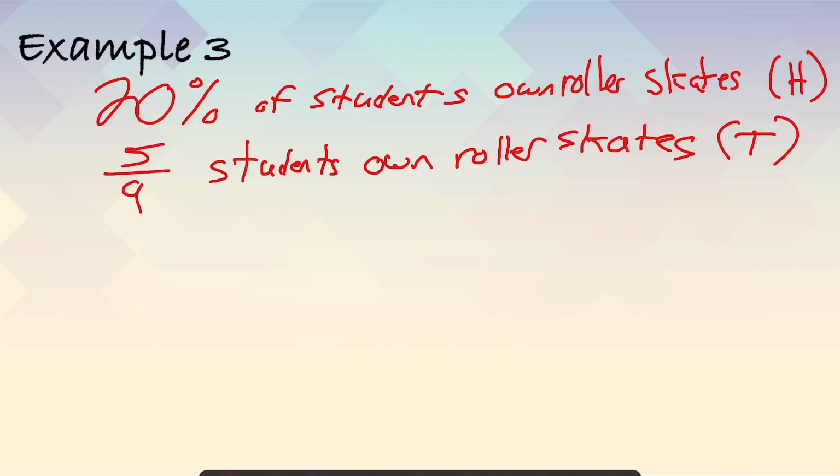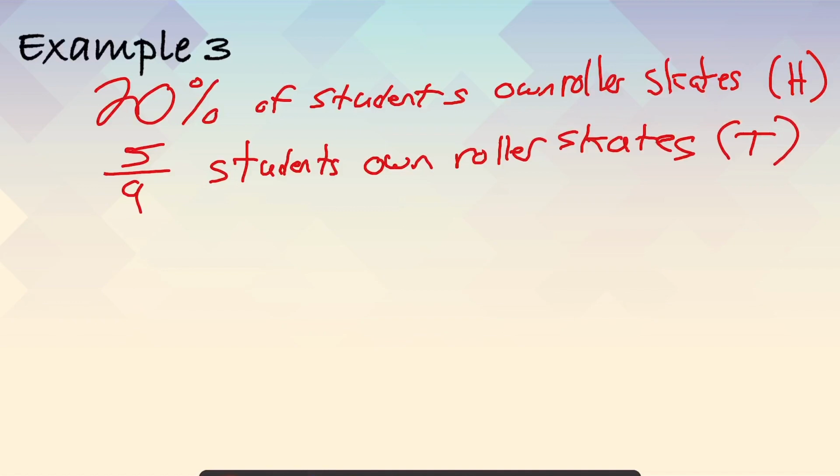So in which class does a greater fraction of students own roller shoes? Well, here we have a percent compared to 5/9. So let's look at this. All right. So 20%, right?